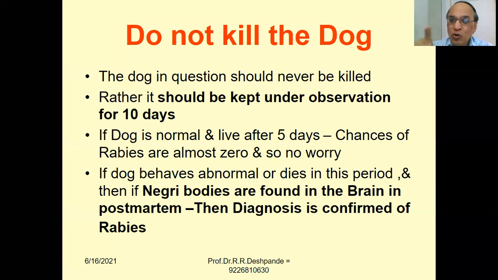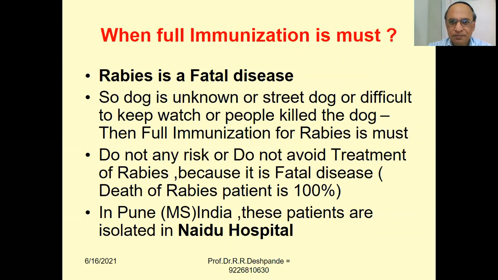When the dog's post-mortem is done, Negri bodies found in the brain are a confirmatory diagnosis that the dead dog had rabies, and the human being should take the full course of the injection. Full immunization is a must.